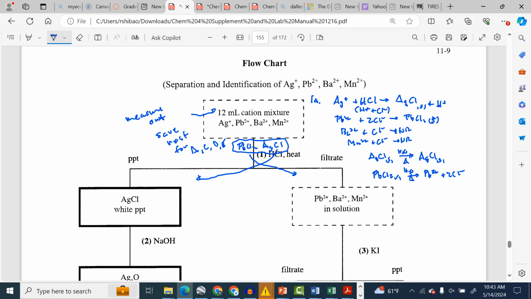And so what I'm going to do here is filter it into a clean container so I can capture all the supernatant. It's wet with supernatant, and I don't want to lose that supernatant.